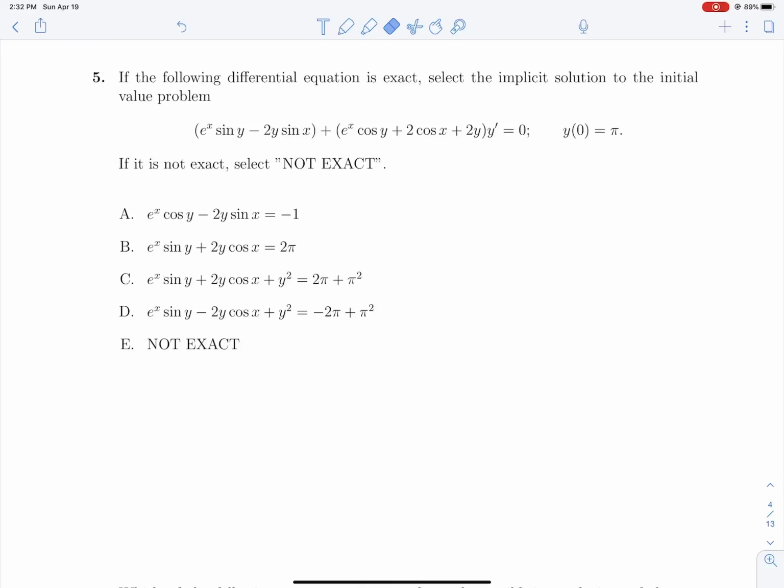5. If the following differential equation is exact, select the implicit solution to this initial value problem. And if it's not exact, select not exact.